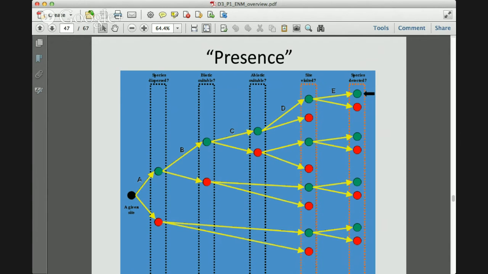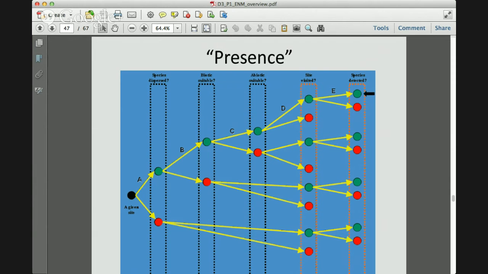But notice that only if you get a yes answer to every single one of these questions do we get a presence record. So that's that top green bubble in the right-hand bar, where there's a black arrow next to it. That is a presence record. All of the others are absences, even though the species might have been there.